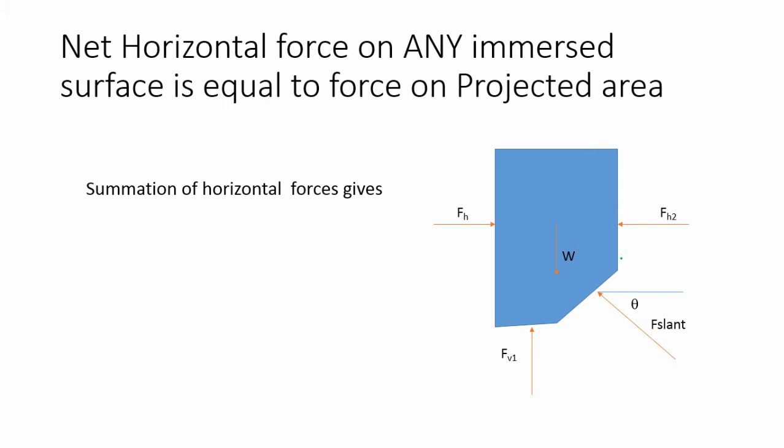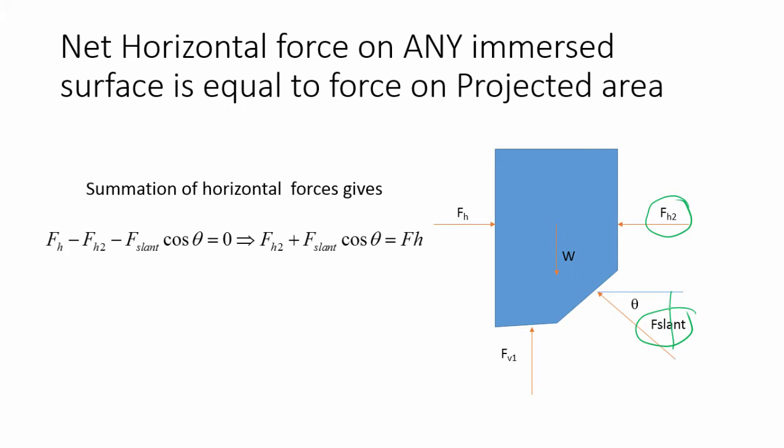Now summation of the horizontal forces will give us Fh2 plus F slant cos theta, which is this component, must be equal to Fh. So if you want to find the horizontal force on any surface like that, you just project it horizontally, and the force on this surface will be equal to the force on that surface. Isn't that amazing?